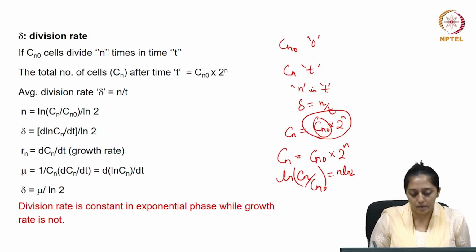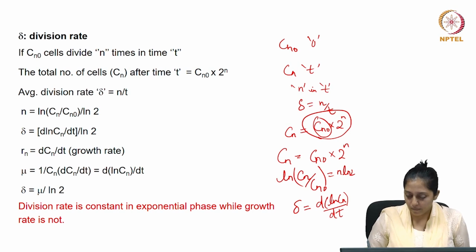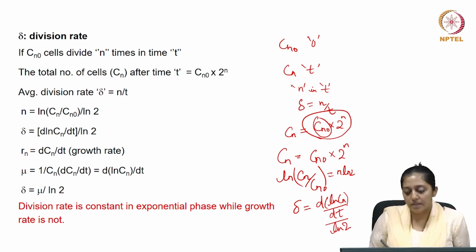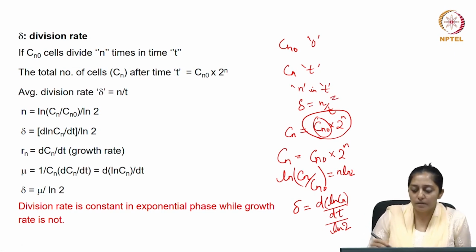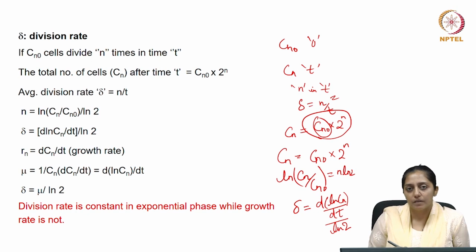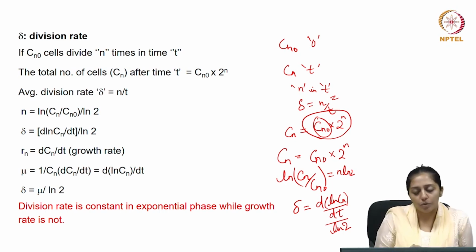Now, we know division rate is n by t. So, it becomes n by t equals ln Cn by Cn naught divided by t ln 2. Is this clear? So, division rate was the rate at which the number of times the cell will divide. So, it is dn by dt, and your growth rate is what?